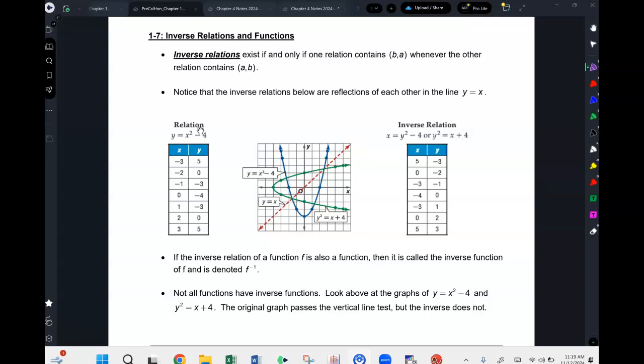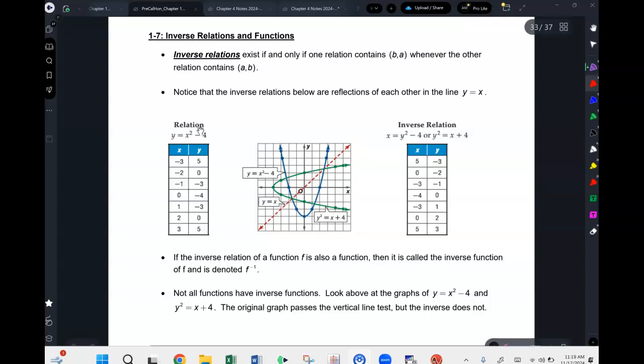If you take a look here, the blue parabola and the green are inverses of each other. As you can see, the blue and the green are reflections of each other around this red line, y equals x.